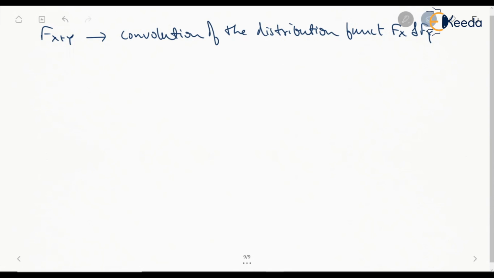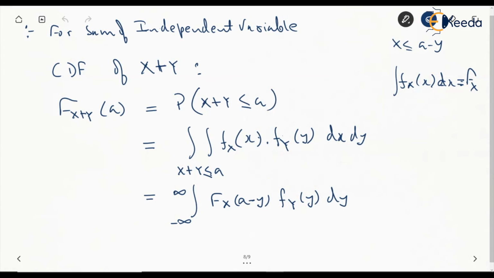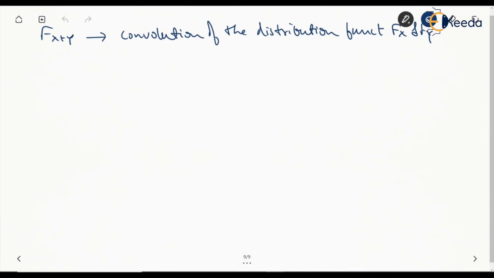You can see that in a similar fashion we can also write it as F_Y of a minus x, f_X of x dx, right? So this is a convolution term, so we can say F of x plus y is given as the convolution of the distribution functions, right?